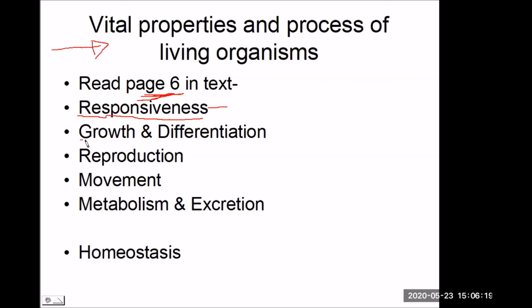Growth, of course, we're born and we're able to develop and enlarge our tissues as we grow over time, of course. And differentiation, our stem cell function. Using our stem cells, they can now make copies of themselves and then develop into distinct, unique types of cells.